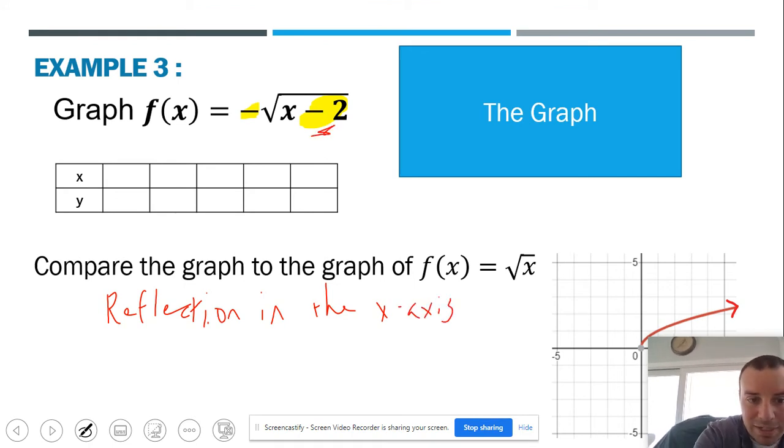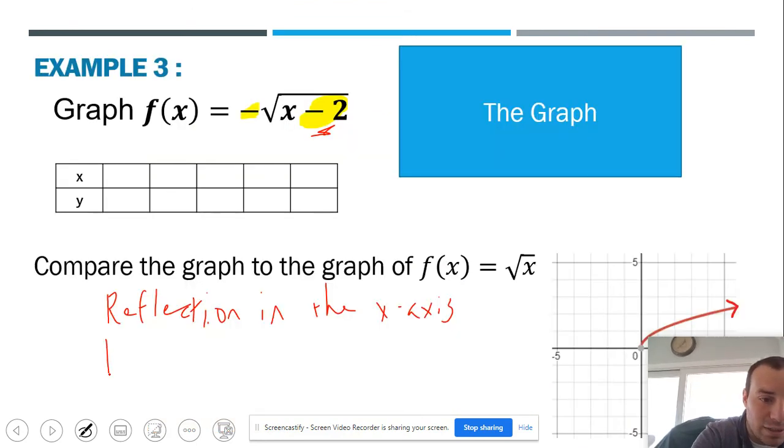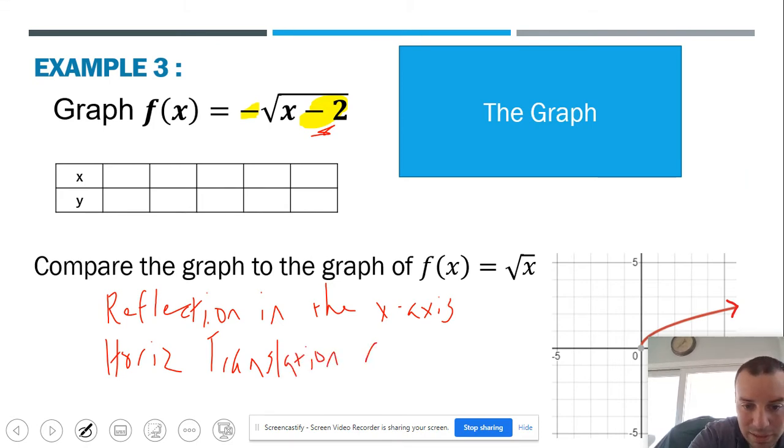Then we also have this -2 here. If we go back to our table, that's a -2 on the inside. That's going to be a horizontal translation right 2.